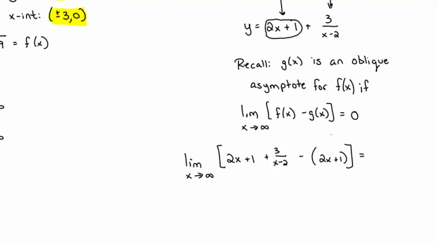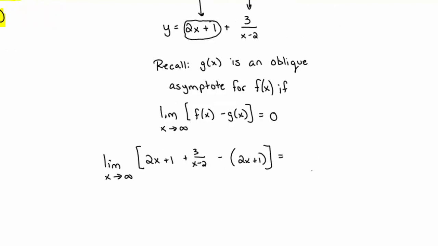Well, you can see the 2x's cancel, the 1's cancel, and that's going to be the limit as x goes to infinity of 3 over x minus 2, which is 0. So therefore, by definition, this function 2x plus 1, let me highlight it, is actually the oblique asymptote. Most people would call that a slant, but the reality is that there are a lot more oblique asymptotes than there are slant asymptotes, so I just call them all obliques.